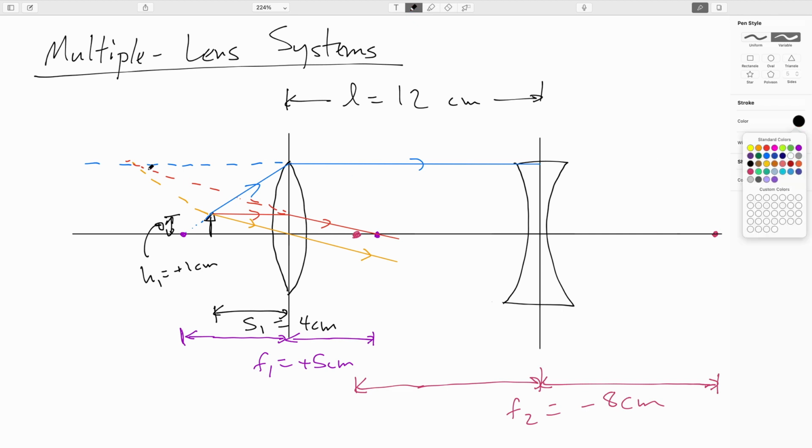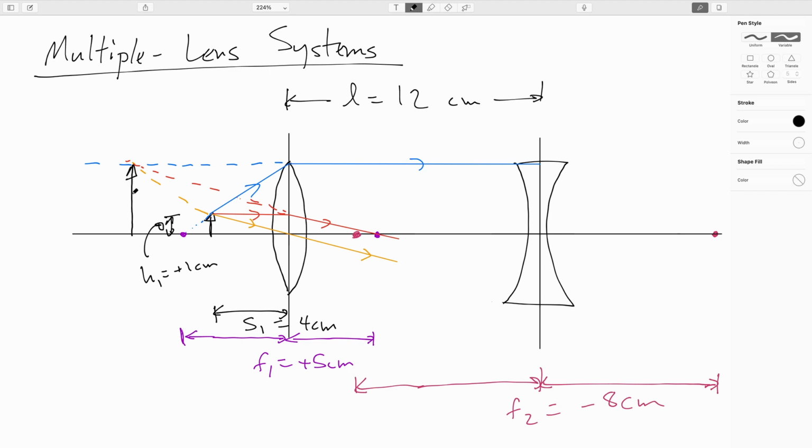All right. So we have located what we will call the intermediate image. So what we will do is calculate where it's located. And then the rule is that this image here will be the object for this lens here.